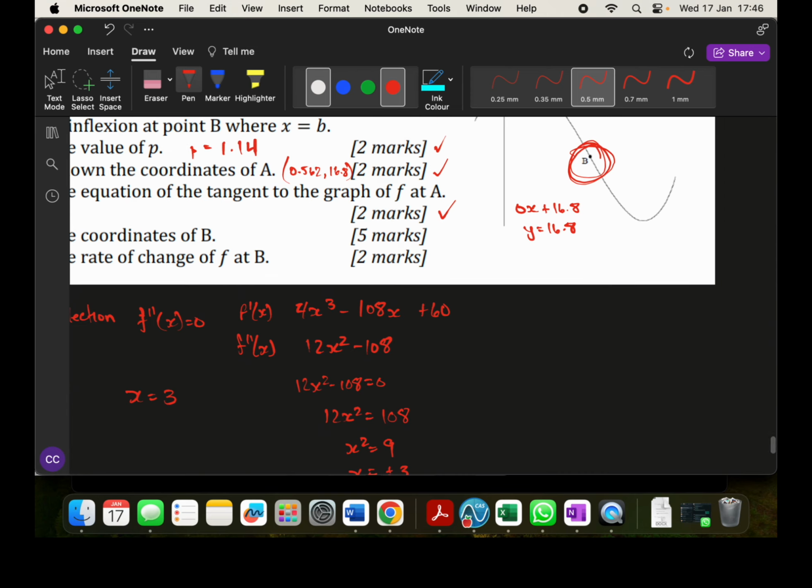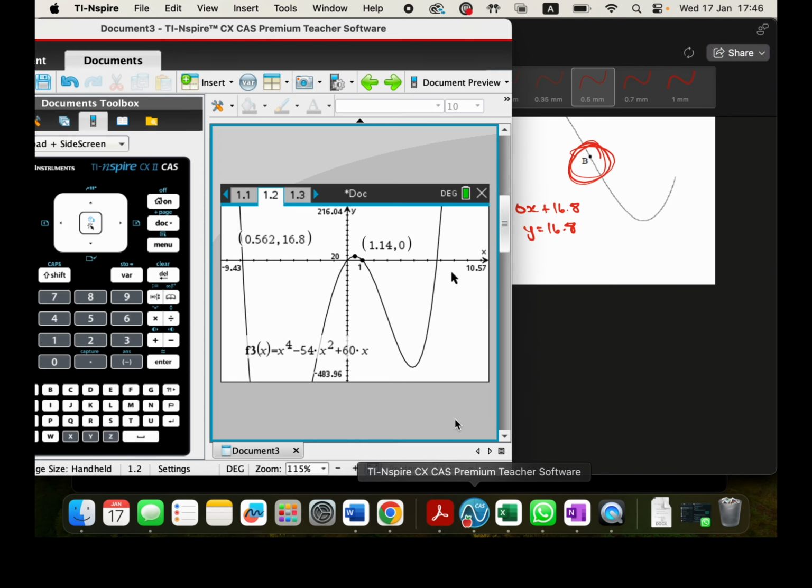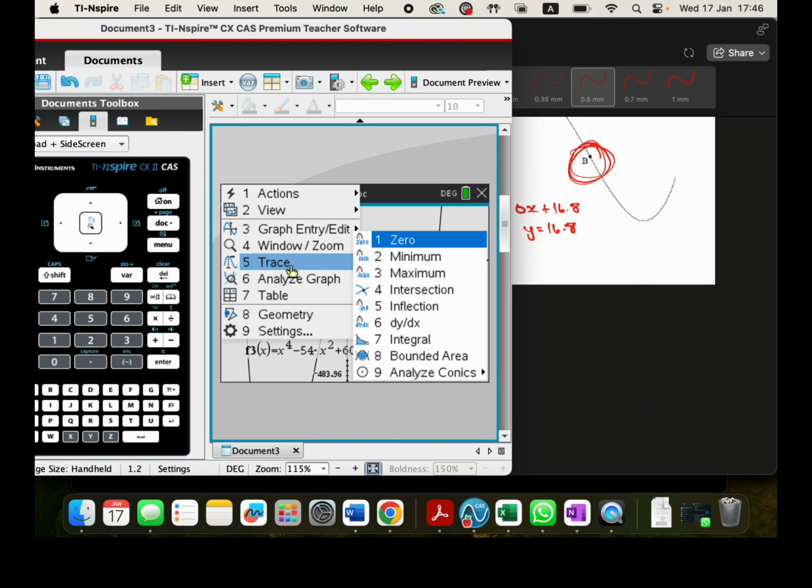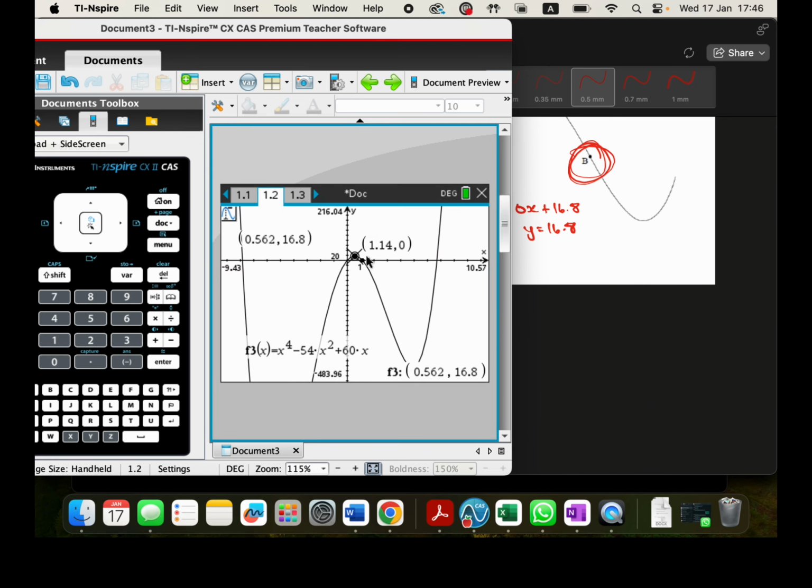So from there, we need to figure out where that point of inflection is. I'm going to do the lazy man's thing because I have a calculator, and I'm going to do graph trace, and I'm going to trace this, just type the number 3, and that tells me what the y coordinate is.